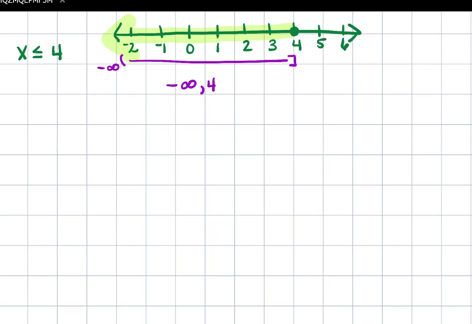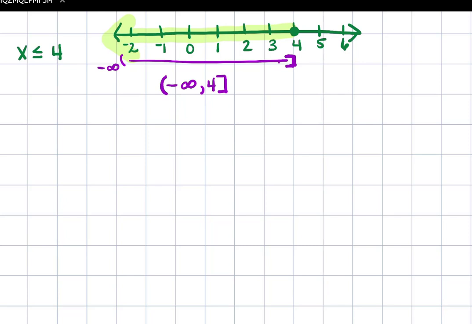So, endpoint, -infinity, it just keeps going. So it can't include infinity technically, so we use parentheses. But is 4 less than or equal to 4? Yes, it does include 4, so we're going to use brackets. So there is x is less than or equal to 4 in interval notation.